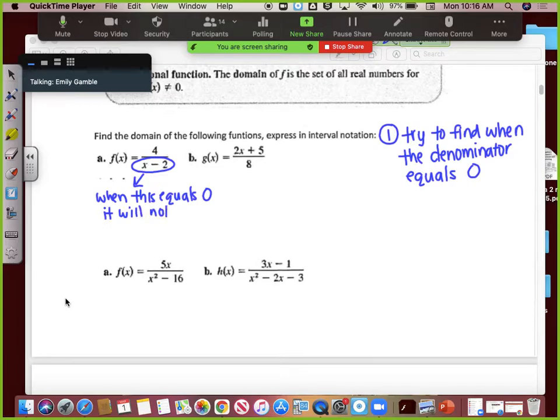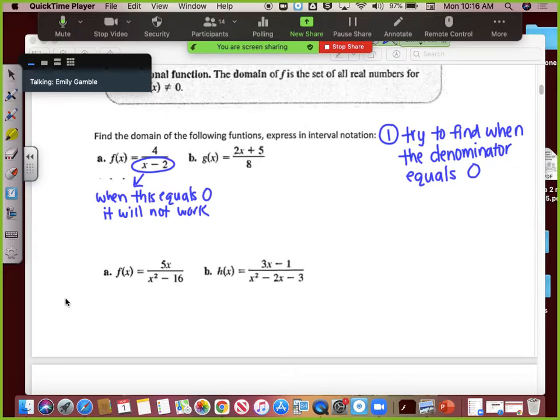I'm just going to write it will not work, and mathematically, it does not exist, but I'm just going to say it's not going to work. So what we have to do is figure out what number will make that denominator equal to 0, and that's the only number in this case that will make this thing not work. What number will x be that would make the denominator equal to 0?